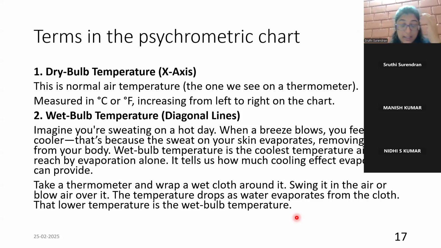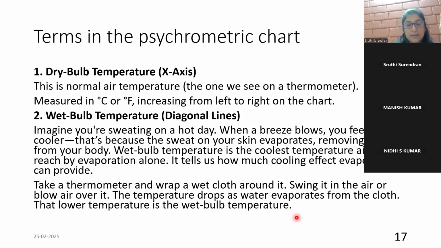In order to find the wet bulb temperature, we usually use a soaked cotton or cloth and enclose the thermometer bulb in it, and then after some time we remove the thermometer and blow air on it, or we just swing it in the air. The temperature is going to reduce from one point to another point. That lower point is called the wet bulb temperature.